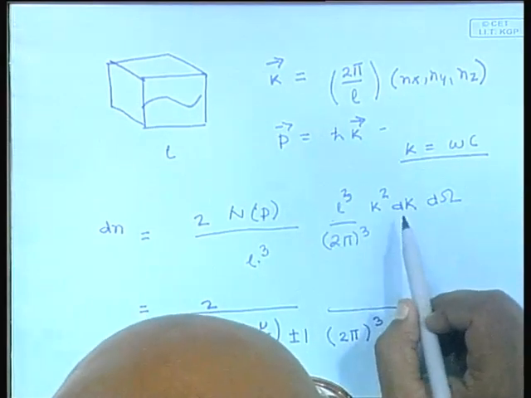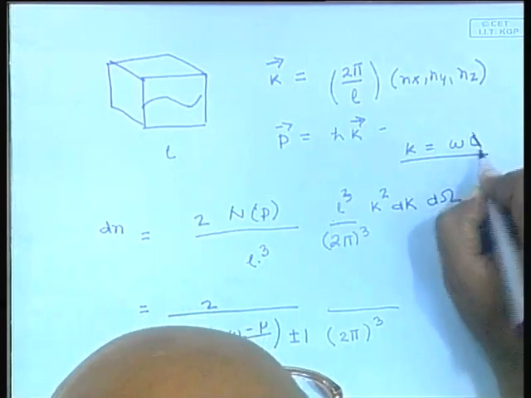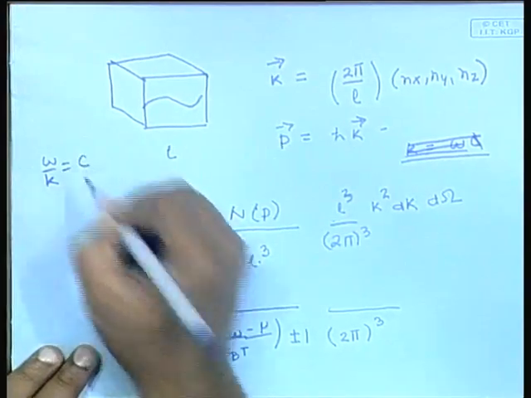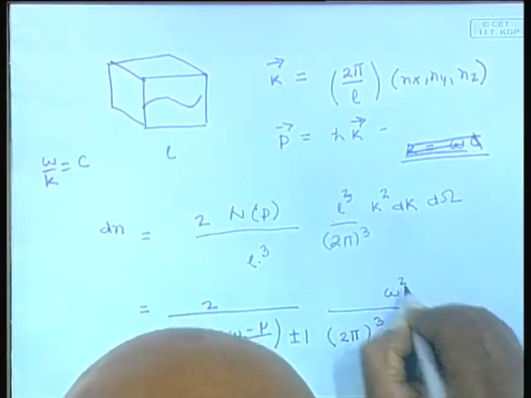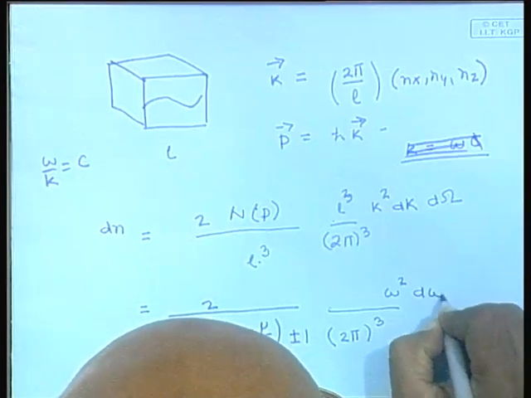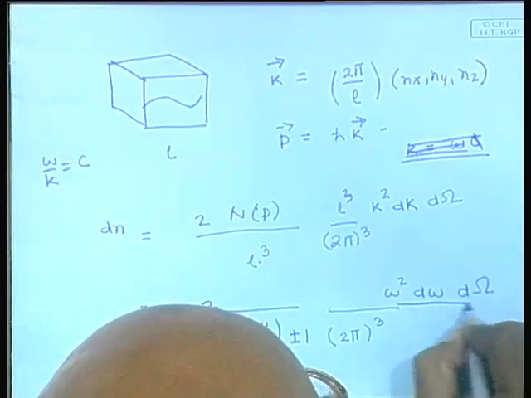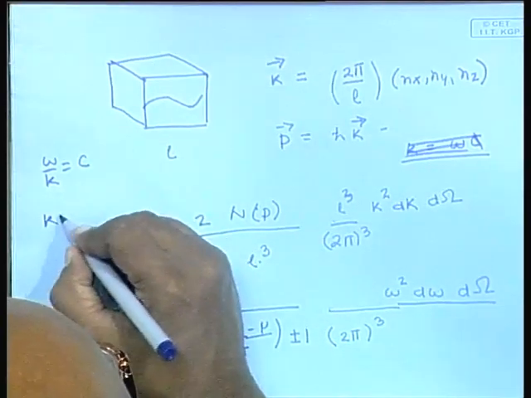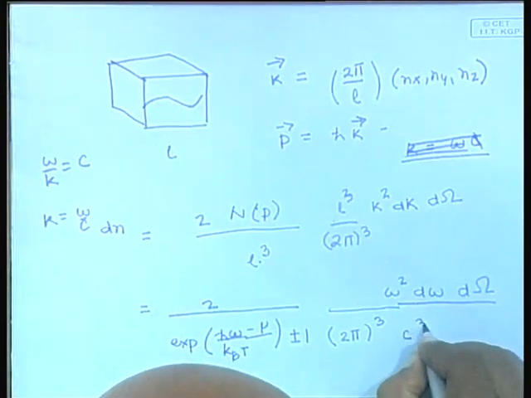And k is equal to omega by c. So, omega by k is equal to c. So, this can be written as omega square d omega times d solid angle divided by, so k is equal to omega by c, c cube.